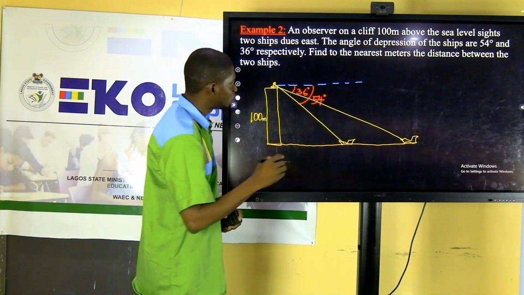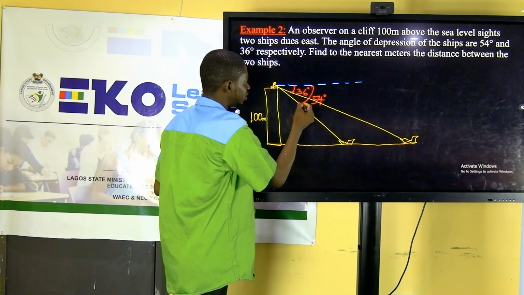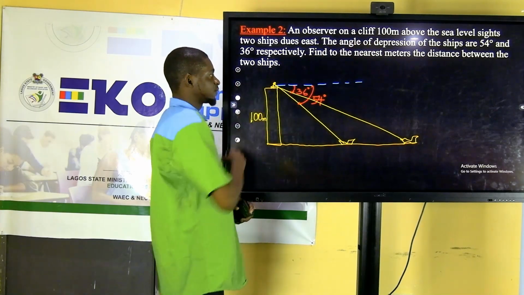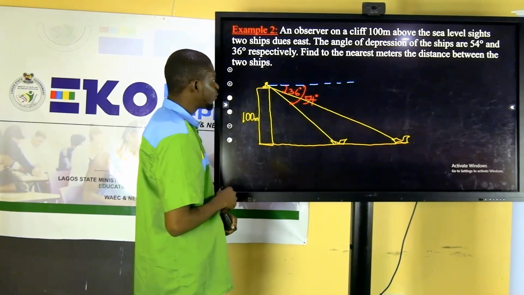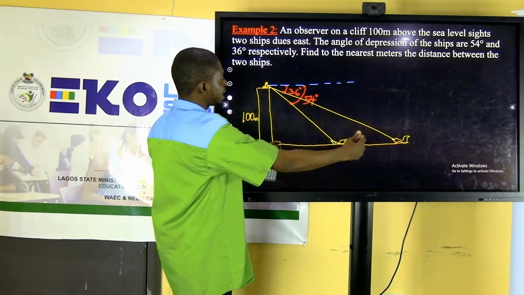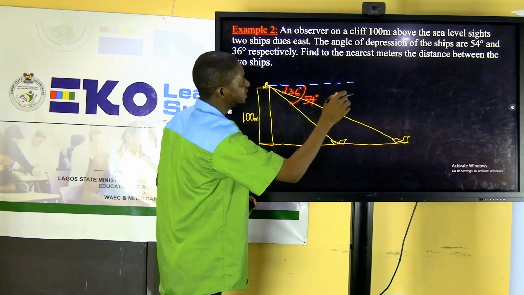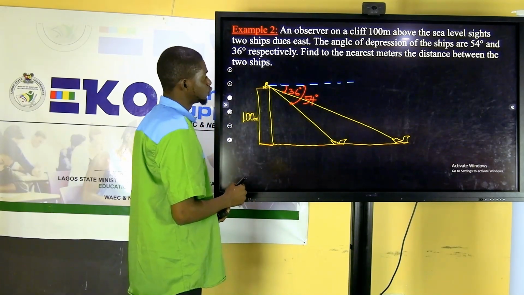Is that interesting? Now look at where we pick our angle of depression, from the horizontal line of sight to that. So the angles of depression of the ships are these, respectively. Find, to the nearest meter, the distance between the two ships.